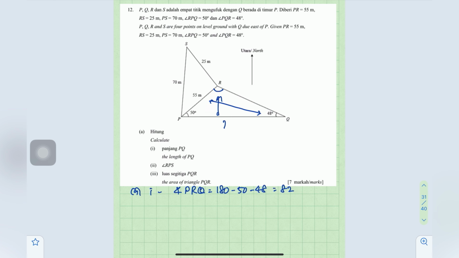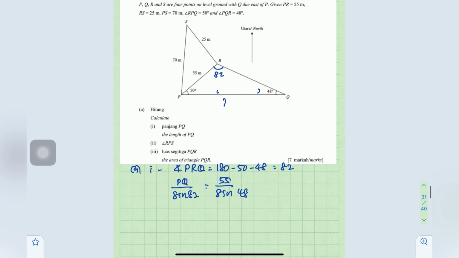So we can find PQ by using the sine rule. PQ over sine 82 equals 55 over sine 48. So PQ equals 55 over sine 48 times sine 82, which equals 73.2895.